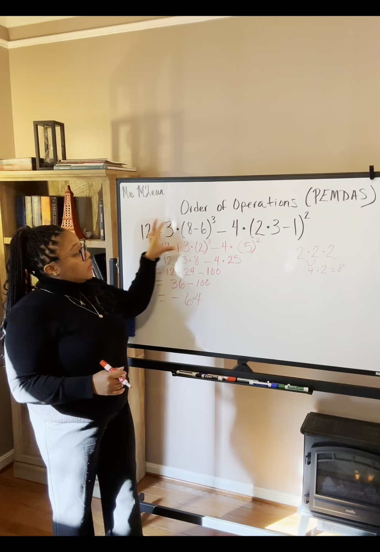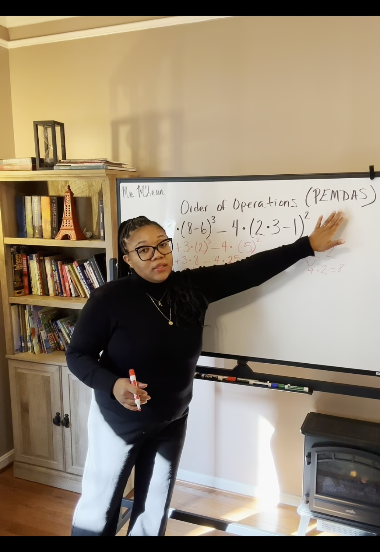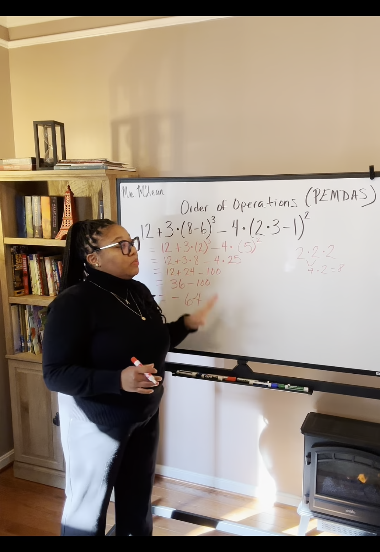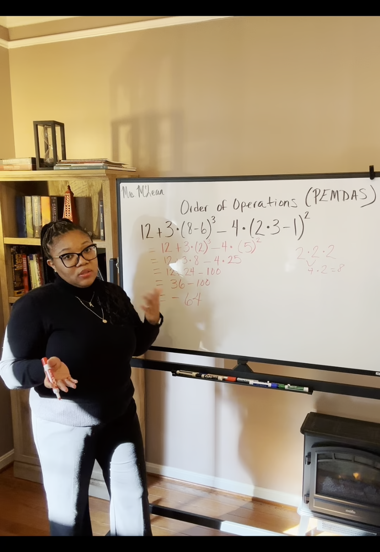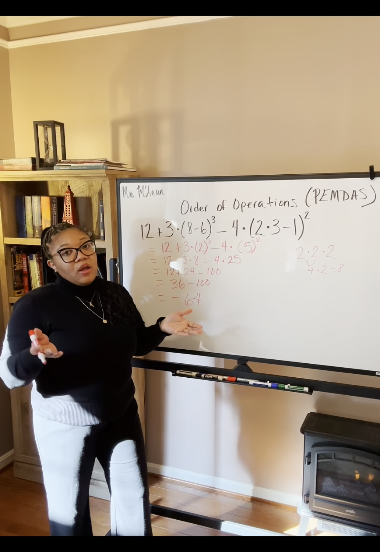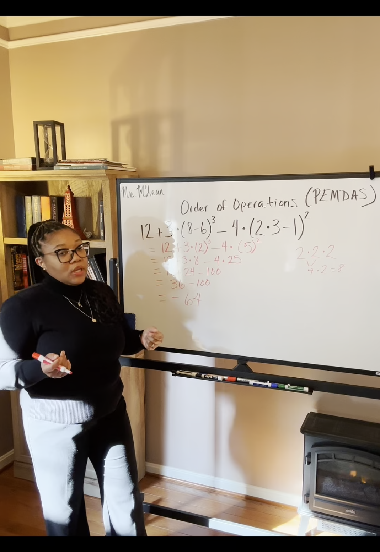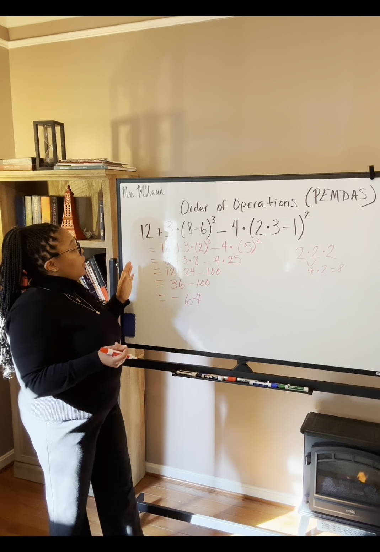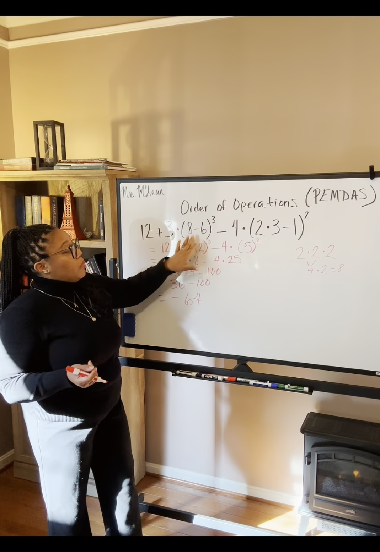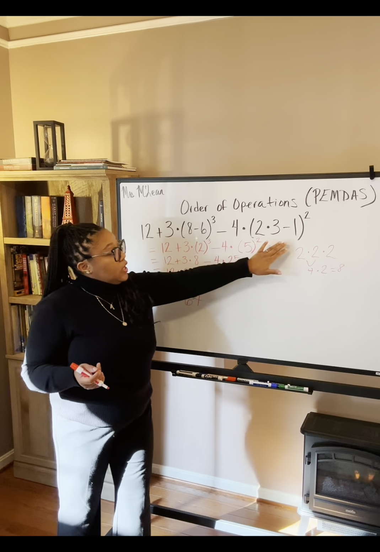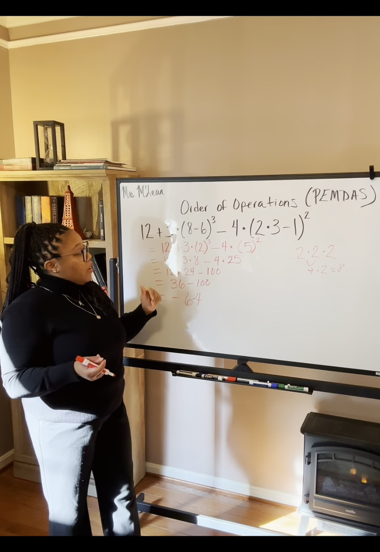Okay, so when we look at this problem, we're going to follow our PEMDAS, which you can remember by please excuse my dear Aunt Sally. Some people may use a different phrase, but that's one that I've always remembered, so you can use that one as well if that helps you. Okay, then we just simply break down anything that's in our parentheses. Anything that's in our parentheses, we do that first.